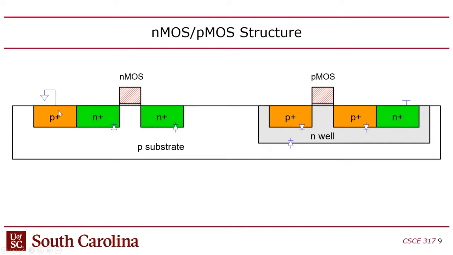In order to get a good electrical connection to the substrate, you have to pass through highly doped P-type and then into the lightly doped. So this diffusion area just serves as a gateway to get a good contact into the substrate.